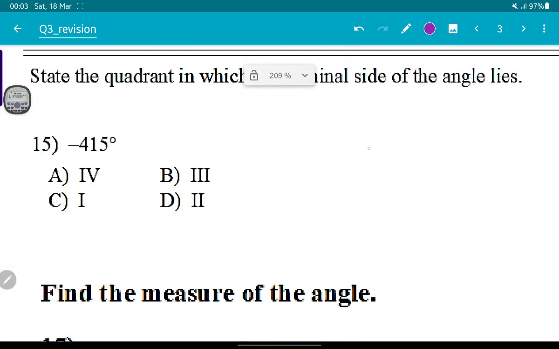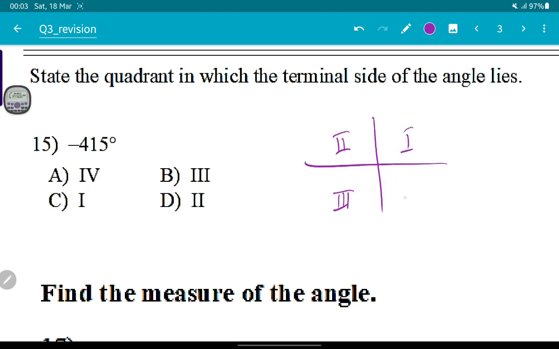You should know that the unit circle is divided into 4 quadrants. This is the first, second, third, and the fourth. The first starts from 0 to 90. All values between 0 and 90 lie in the first quadrant, for example 85, 21.